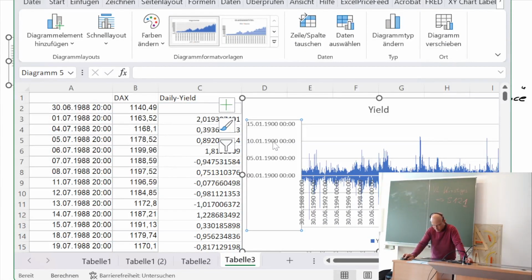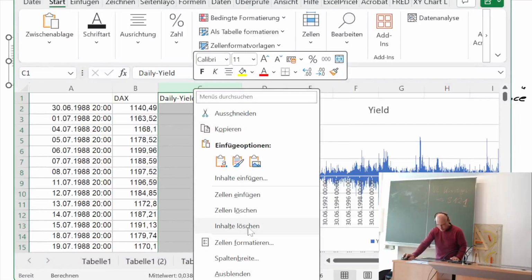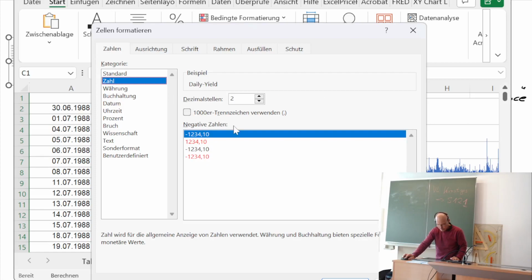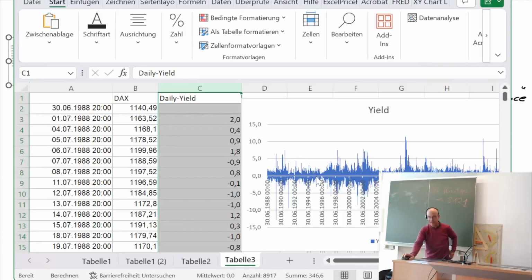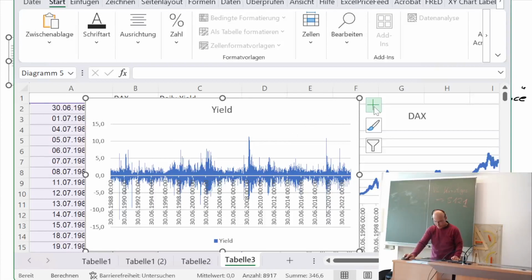I don't know. Maybe this is formatted in the wrong way. No, it's okay. So the format was just in date, and therefore I got here the wrong description.